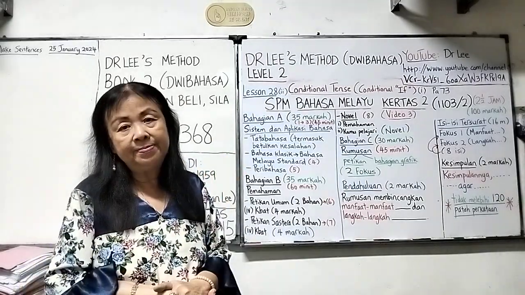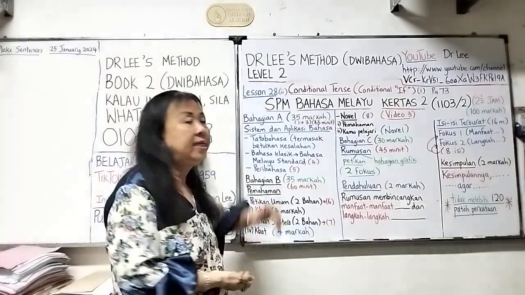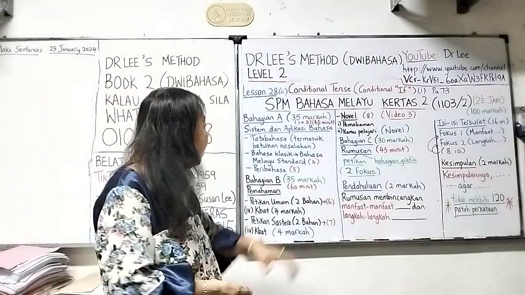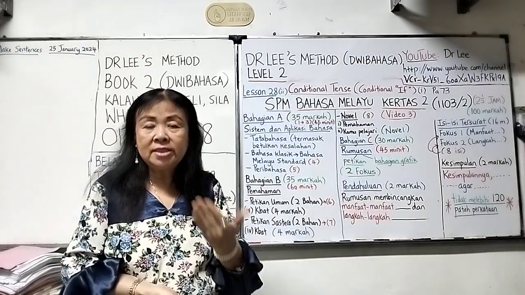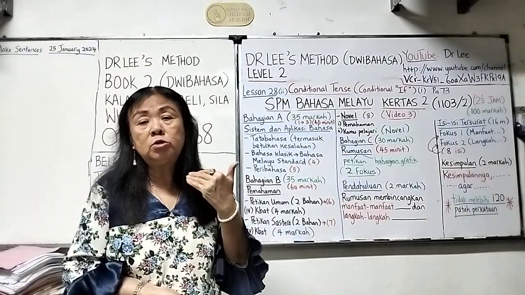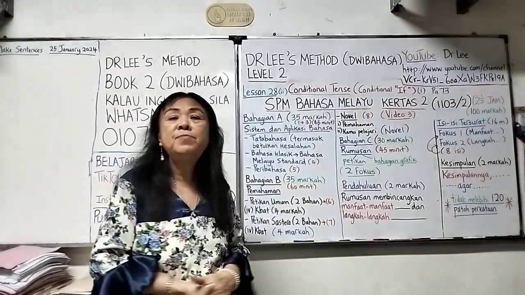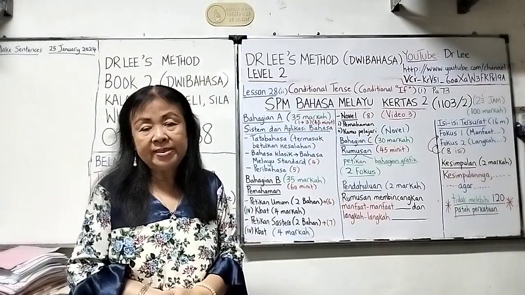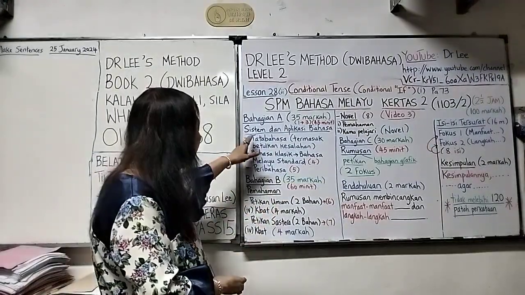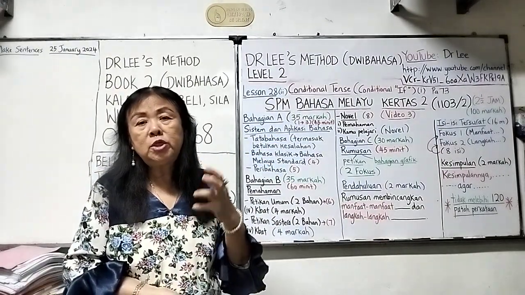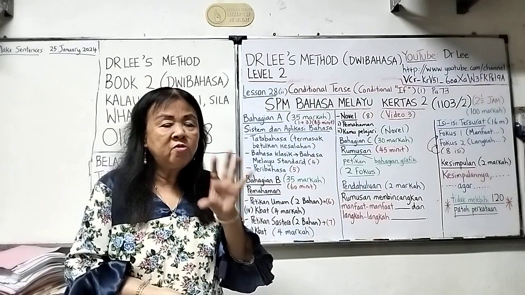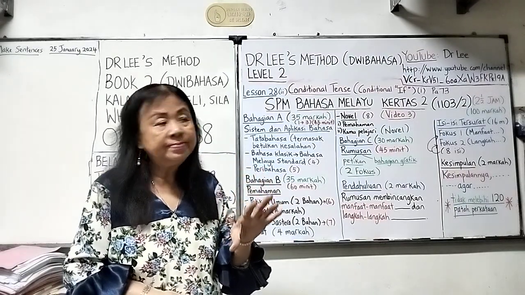Altogether 100%. Okay. Now, bahagian A, section A. Section A is 35 marks. It is suggested that you spend 45 minutes on this section. Section A, we call it Sistem dan Aplikasi Bahasa. Language application is more focused towards grammar.